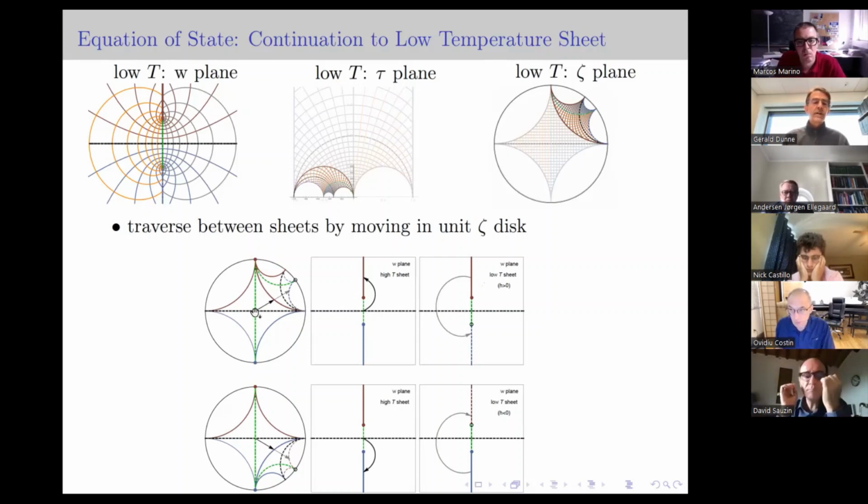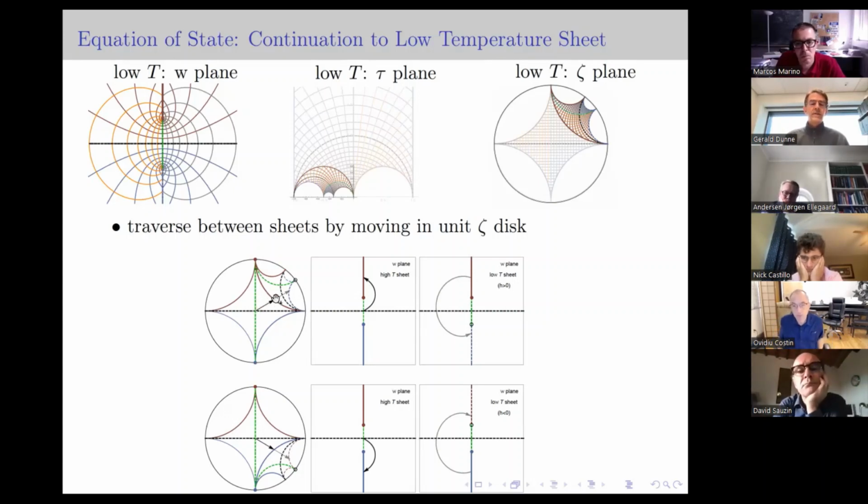This is that trajectory. I start at the origin of the unit disk. I'm on the high temperature sheet. I do my mapping, re-expanding, my Pade, whatever I want to do to analytically continue within the unit disk. And I just freely wander in the unit disk. And I just go like this.